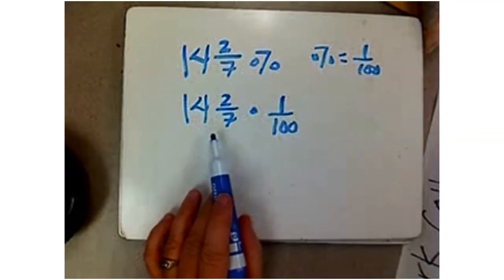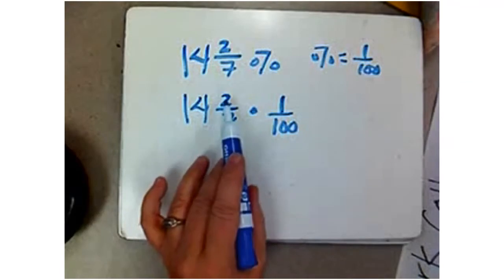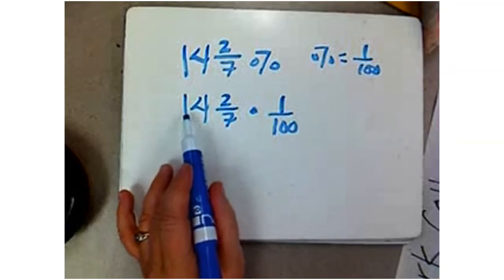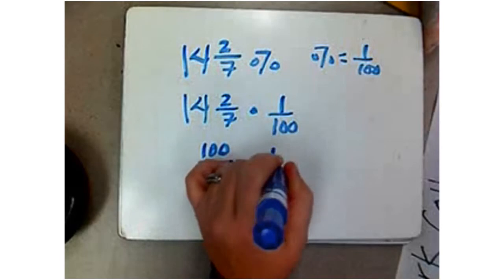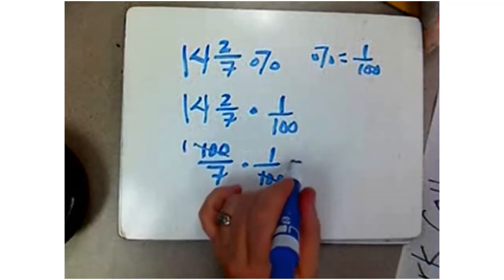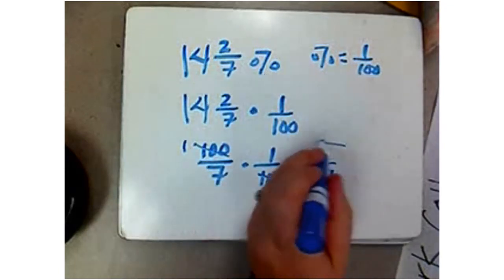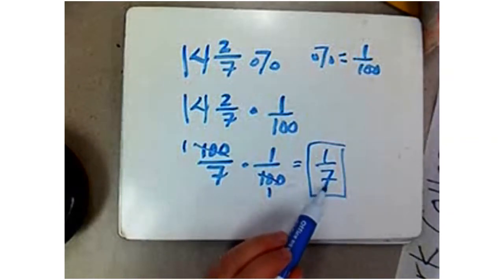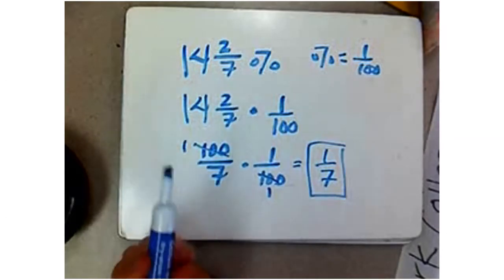So we do our fractional math here: 7 times 14 plus 2, change our mixed number to an improper fraction. So 7 times 14 is 98, plus 2 is 100 over 7, right? Times 1 over 100. And you can do the simplification. You can cancel the hundreds, and you end up with 1 over 7. So 14 2/7% is the same as 1 out of 7. If you got one question right on a 7-question quiz, you would earn yourself 14 2/7%. So that's what this means.